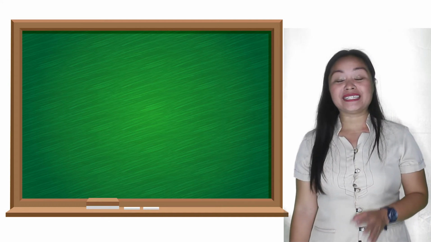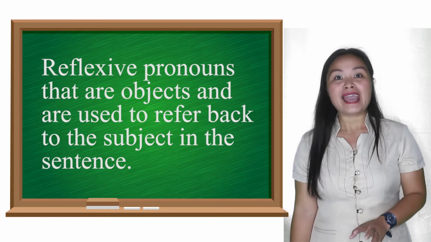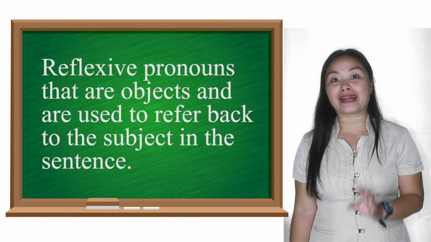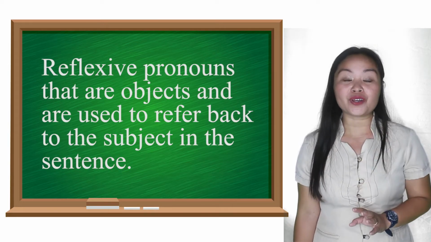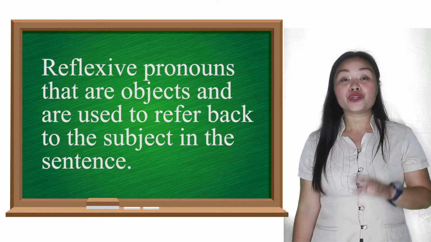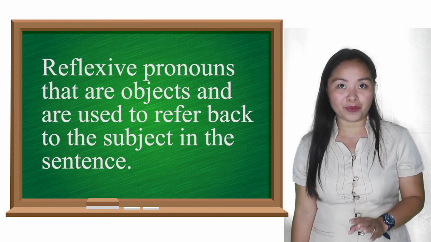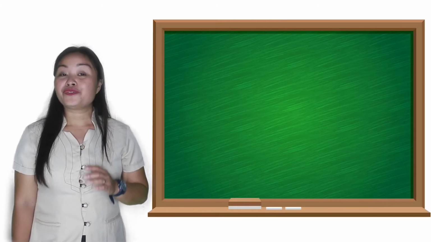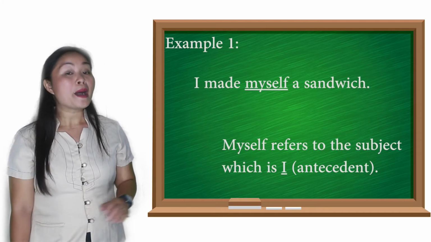Let's learn more. The next examples are reflexive pronouns that are objects and are used to refer back to the subject in the sentence. They are a necessary part of the sentences. Again, they refer back to the subject in the sentences and are a necessary part of the sentences. The first example: I made myself a sandwich.